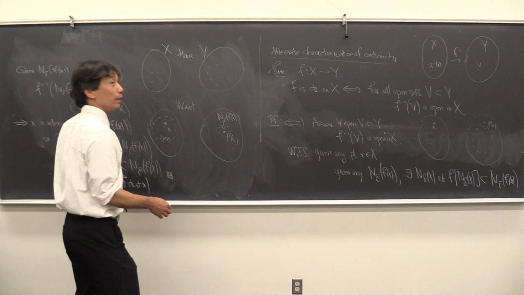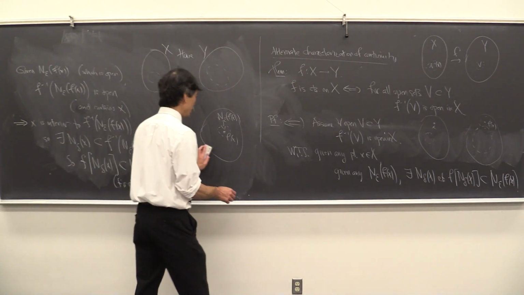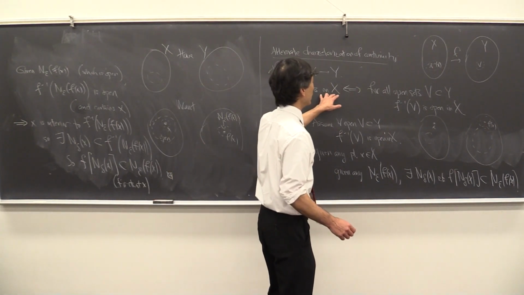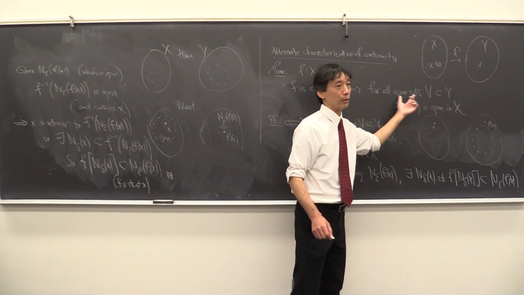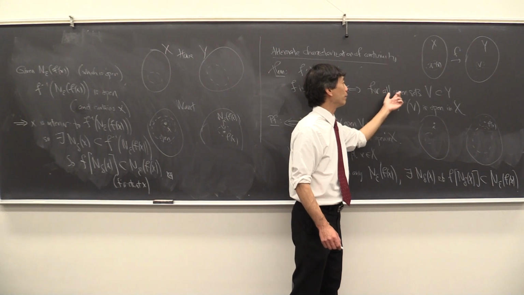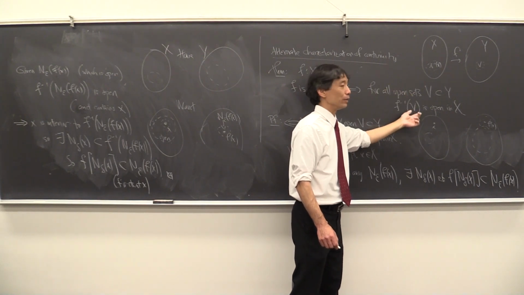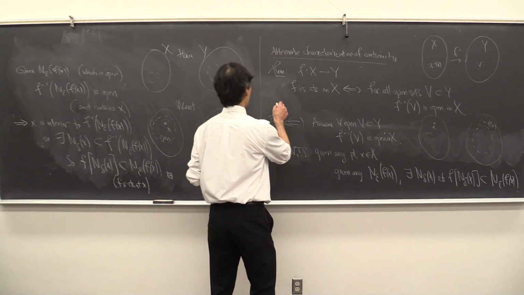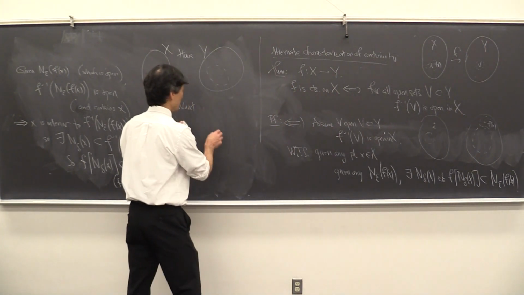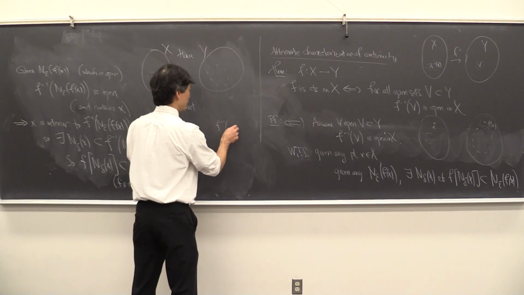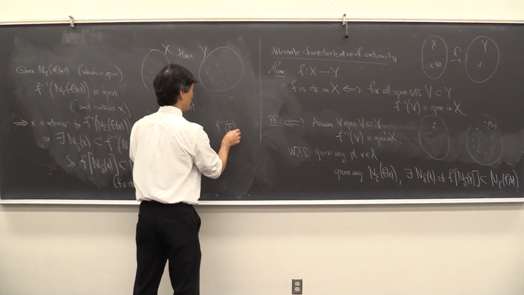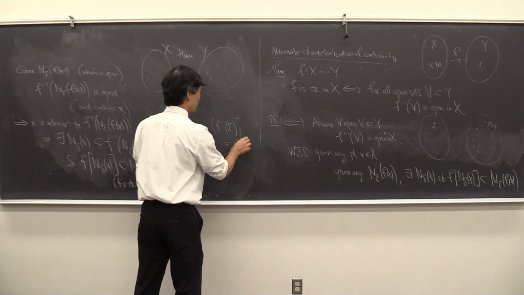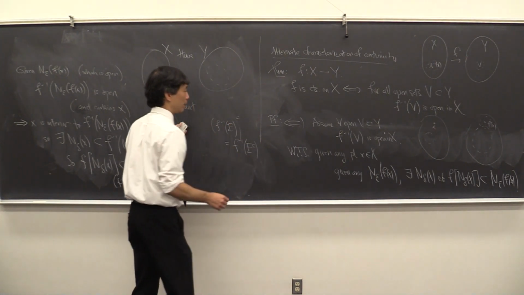So there's a corollary to this, which is pretty straightforward. You could also replace this with closed sets: if for all closed sets F inverse is closed, that turns out to be the same thing. The proof of that corollary just relies on the fact that F inverse of a set's complement is the same thing as the complement of F inverse of that set.